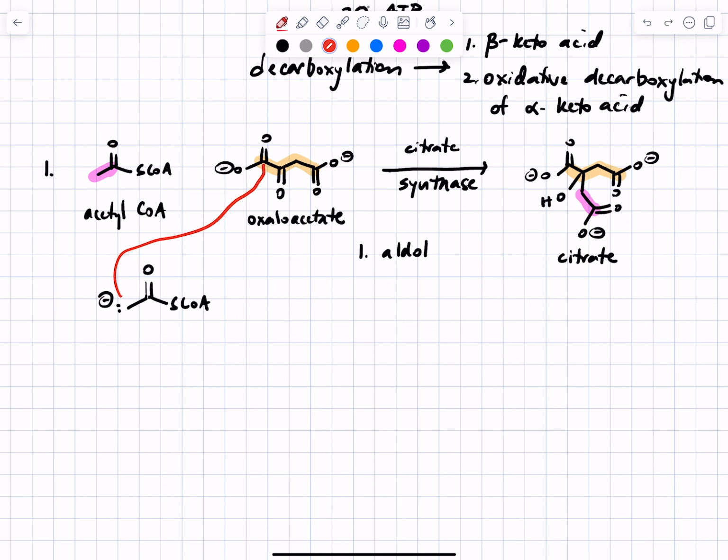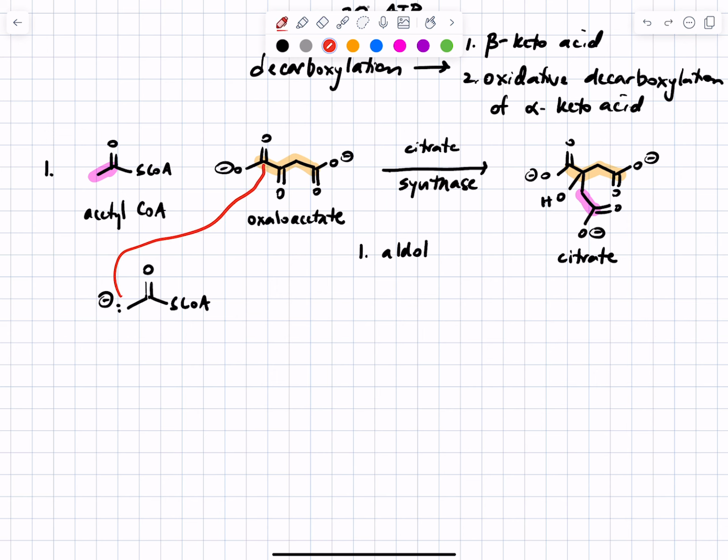I'm protonating the tetrahedral intermediate on what used to be the carbonyl oxygen. That's why I've used 2 arrows here. Here is the new bond we made in the aldol reaction. Here are the 2 carbons from acetyl-CoA, and there we go. That's the aldol reaction.